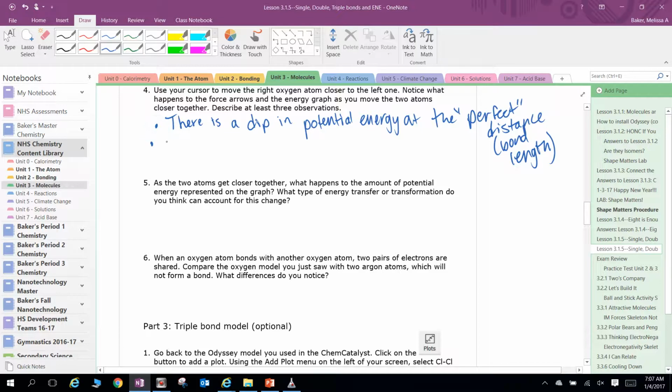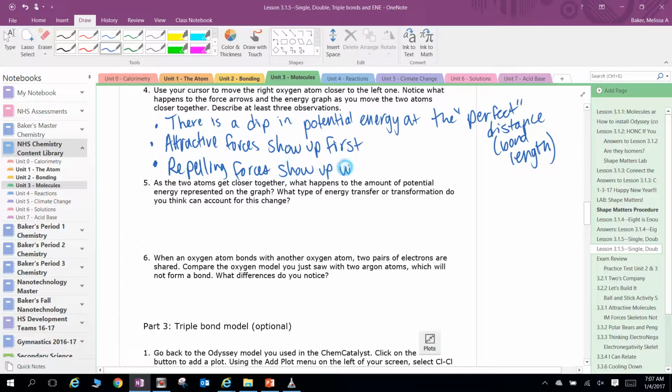Another observation is that the attractive forces show up first, attracting those atoms together, and then the repelling forces show up when atoms get really close.